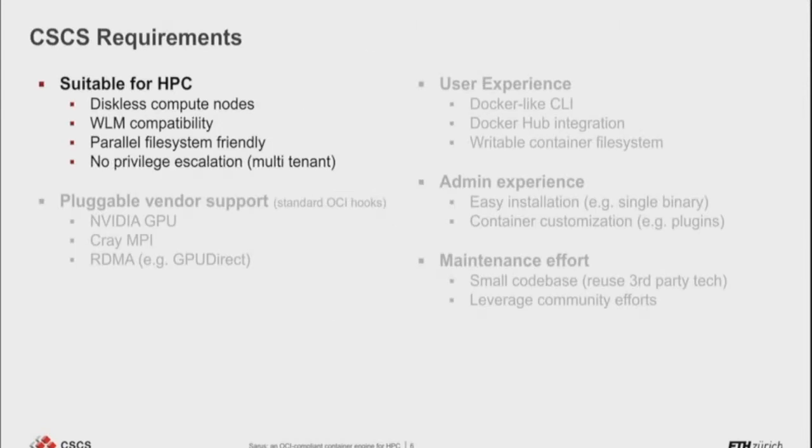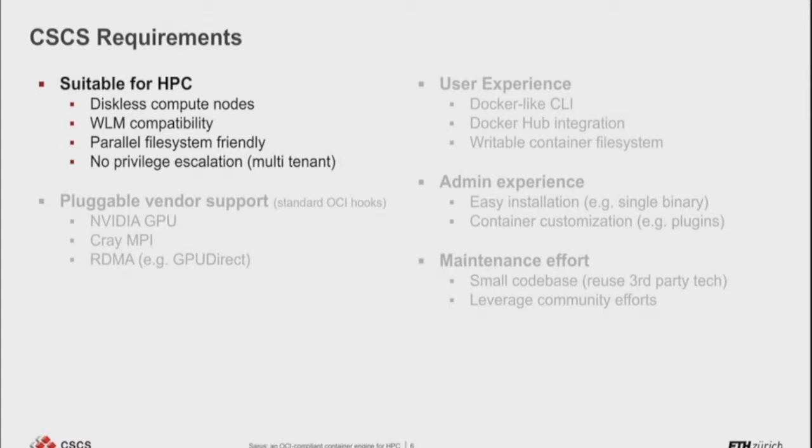So of course, the first requirement is that it has to be suitable for HPC. And we mean it has to work with diskless compute nodes. This is something that Docker, for example, still struggles with. It has to be compatible with the presence of a workload manager and respect the constraints assigned by the workload manager.